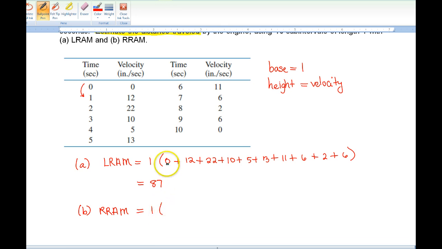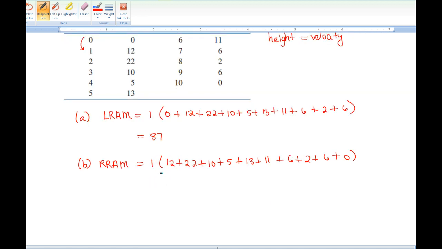We're not going to use the first 0, so we're basically skipping the first one. So we're going to start with 12. And we are going to go through. Now this isn't always going to be the case, but you may have noticed that the last one has a velocity of 0. So if in LRAM the first one was 0, and in RRAM the last one was 0, we should end up with the exact same results.